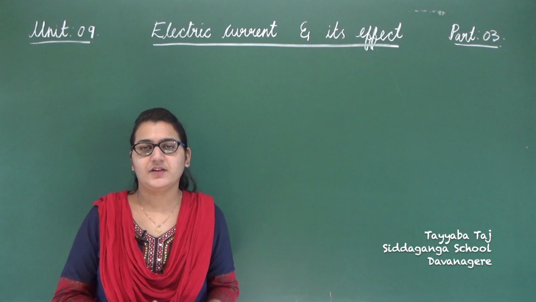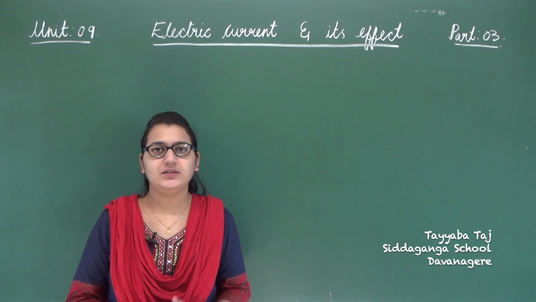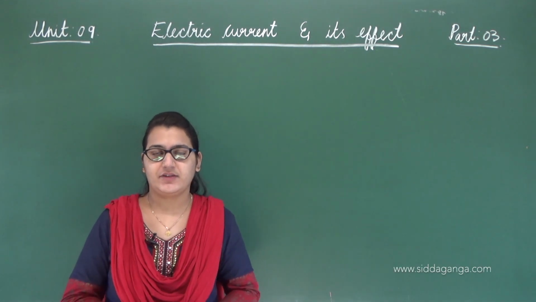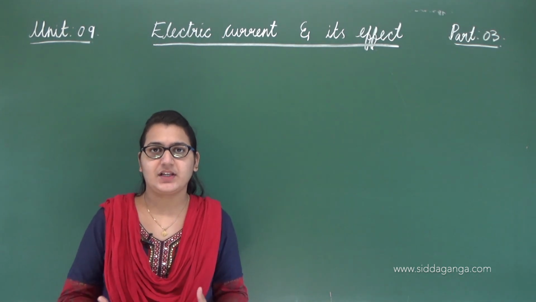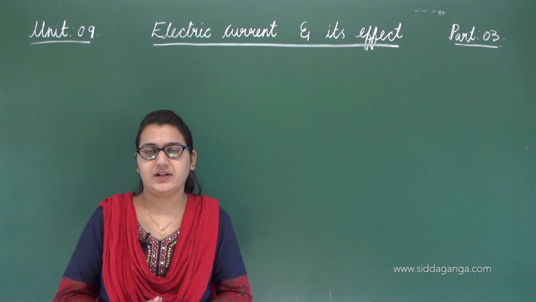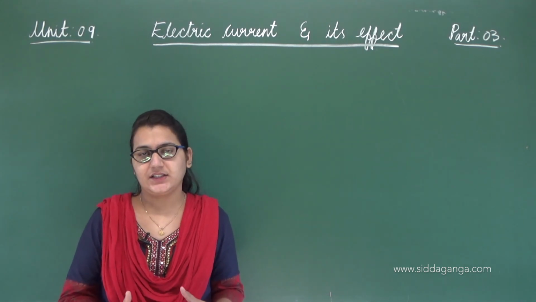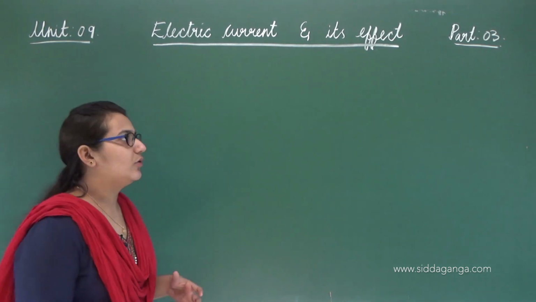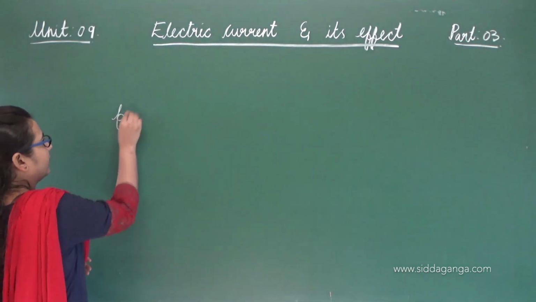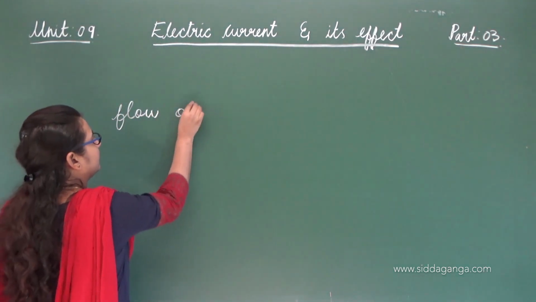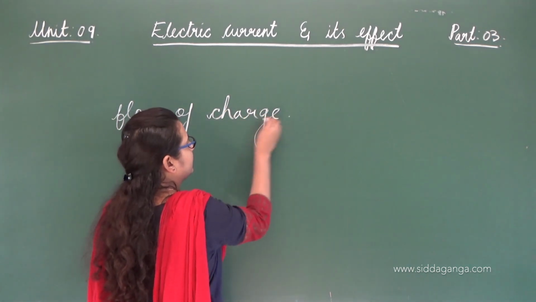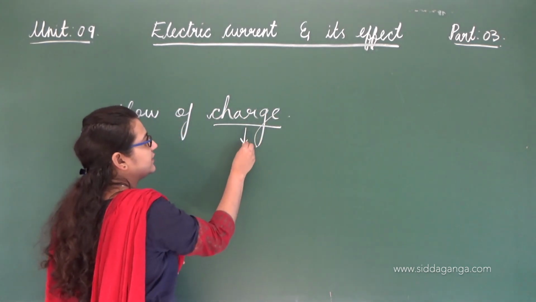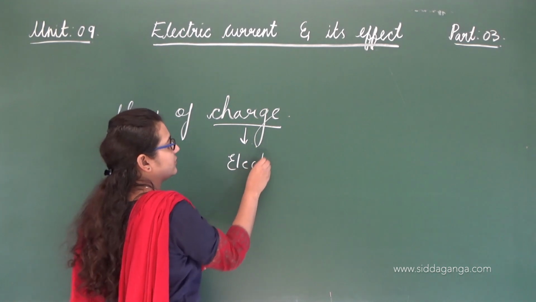Hello students, we have been discussing the chapter electric current and its effects, and so far we have learned what electric current is, its applications, and the circuit diagrams, right? So this electric current is nothing but the flow of charge, and this charge is nothing but the electrons.